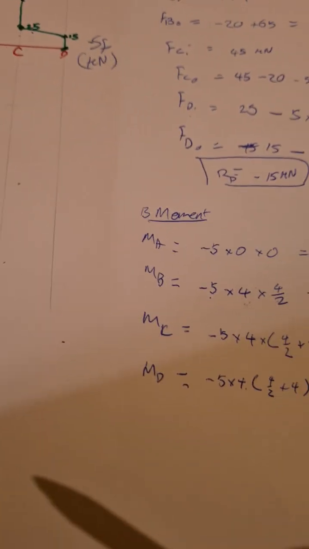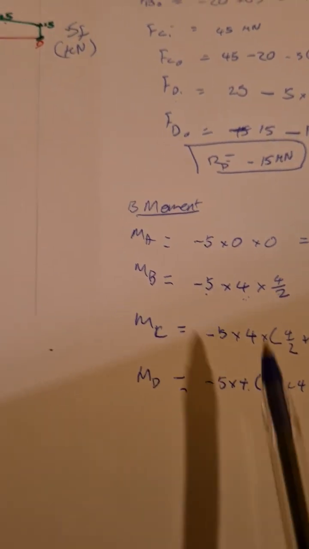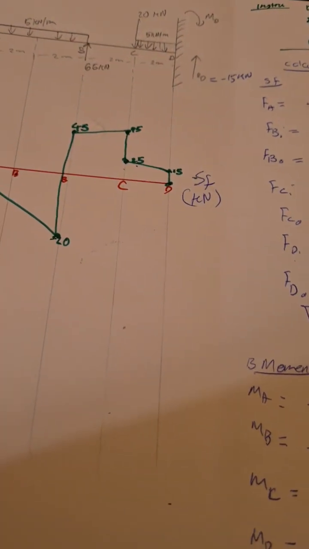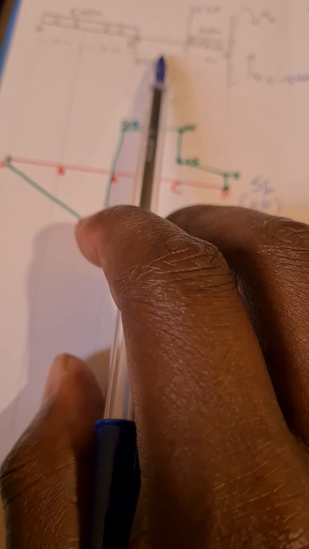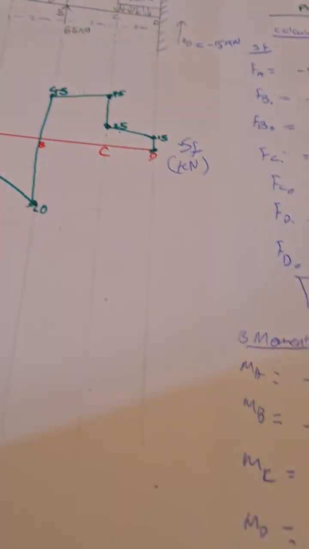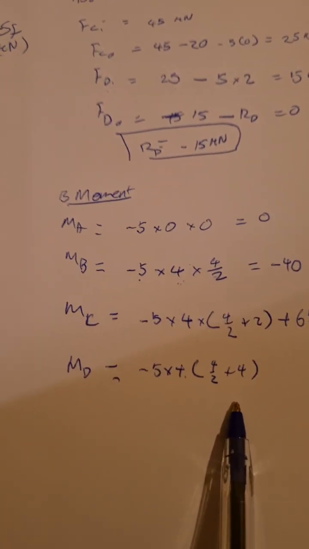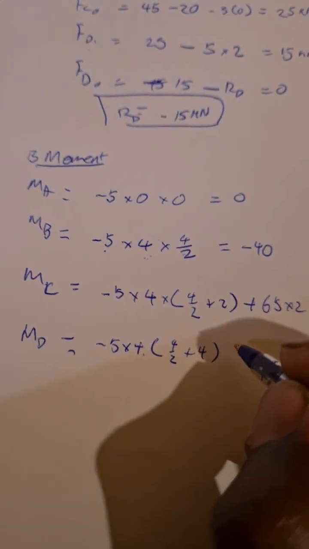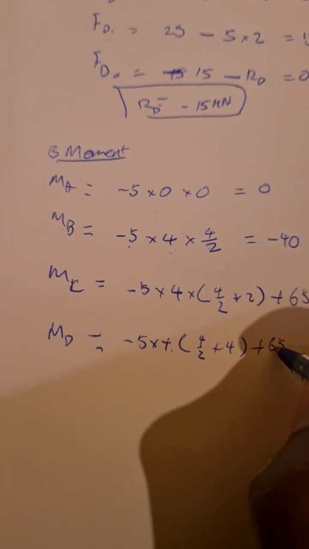And then we convert it into a force, and that force acts at the center of that UDL, which is 4 over 2. But now we are not going to B, we are going to D, so it's going to be plus 4. Why? Because from here to here it's 4, and then from the center it's 2, so it's plus 6. You can even see 6. And then now we are going to D. We still have 65, so plus 65 times 4.